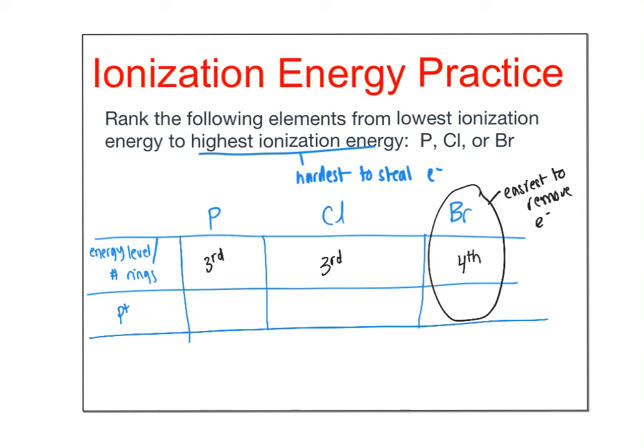Okay, so this one is going to be the lowest ionization because it's the easiest. So we're going from lowest to highest. So right away, we know that bromine is the lowest.